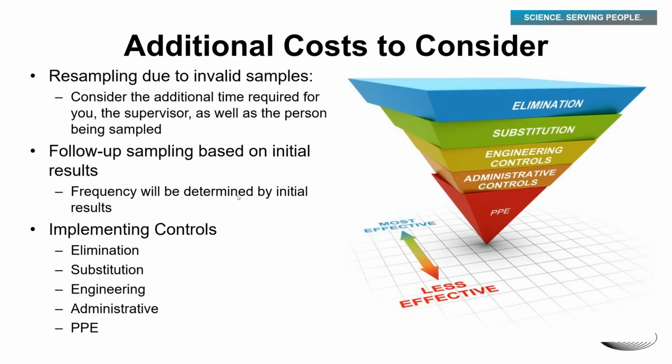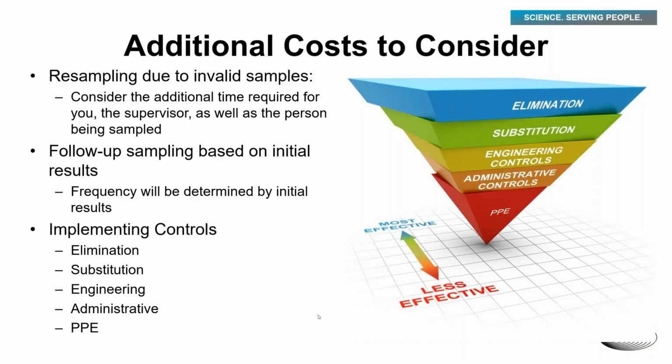So some additional costs to consider. I'm not going to go through every single one of these. Resampling due to invalid samples. This is what I was talking about, flipping your cyclone upside down, dragging it in the dirt, a number of things that can cause invalid samples. Follow-up samples, this is a big one based on what your results are.